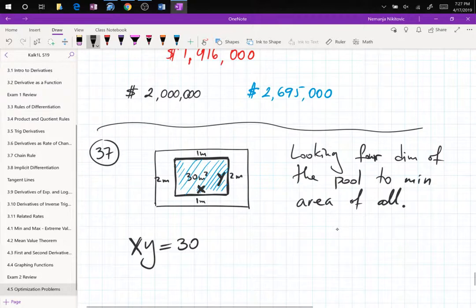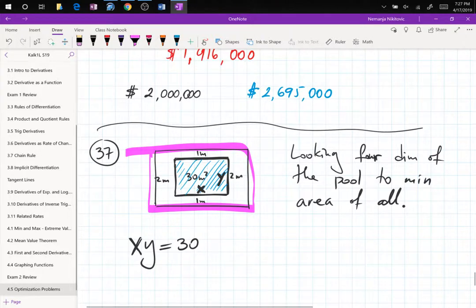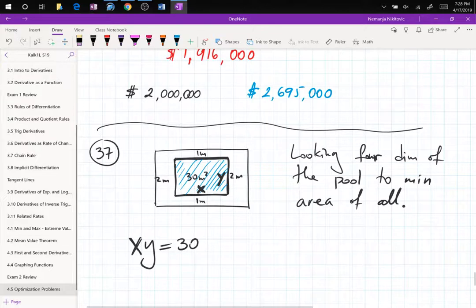And now we want to minimize the area of everything. Now area of everything goes this way, right? That's the area of everything. Question is, knowing that the inner dimensions are X and Y, what are my outer dimensions? Who's able to read technical drawings? The rest of you, not engineers. So if my inner is X, what's the outer dimension?